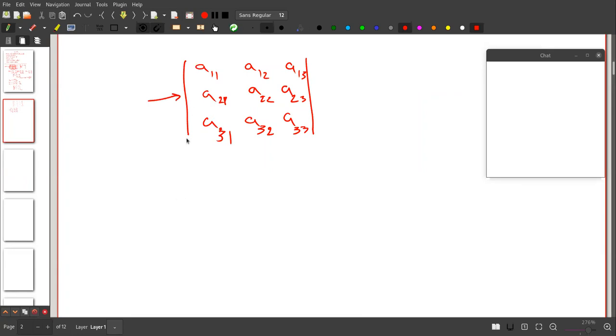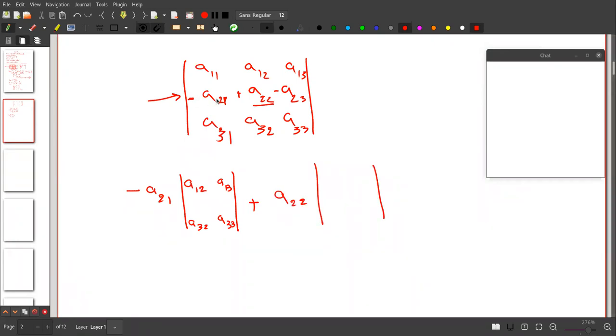So how will I do it? Here comes the minus with the cofactor. Here comes the plus with the cofactor. Here comes the minus with the cofactor. So I'll write minus A21 times the minor of A21. What will be the minor of A21? It will be A12, A13, A32, A33. Plus again we'll take the next one, A22. We'll write again the minor.